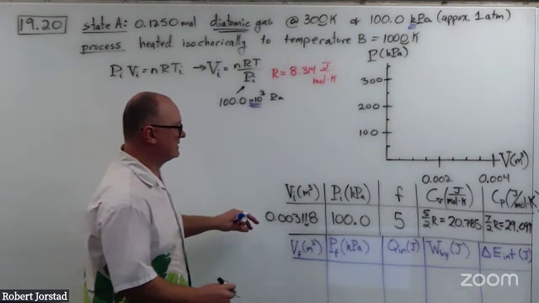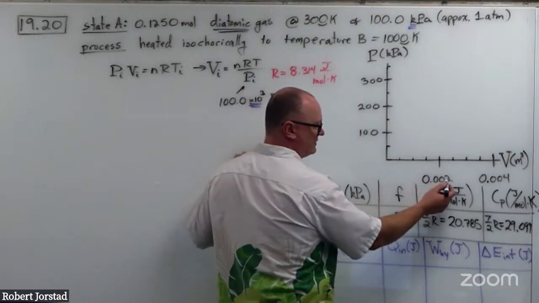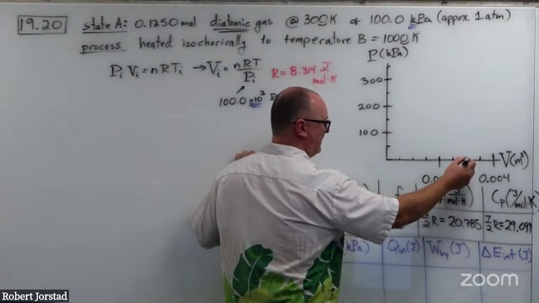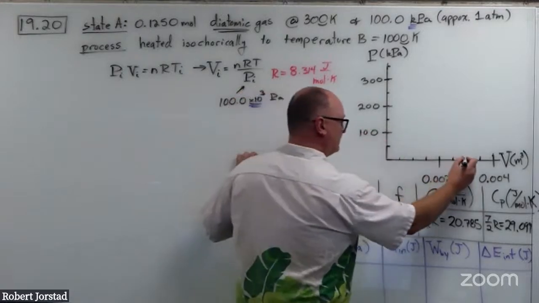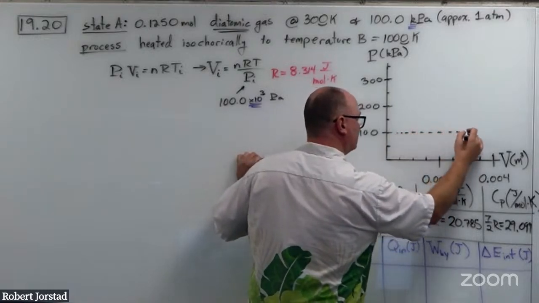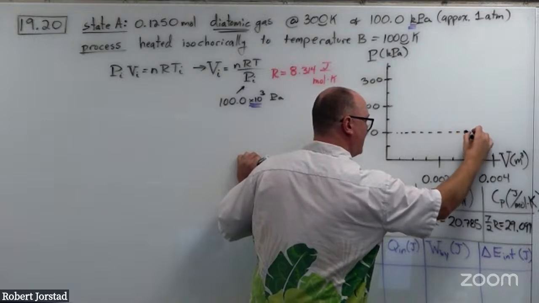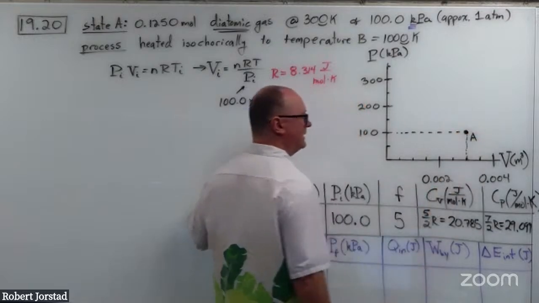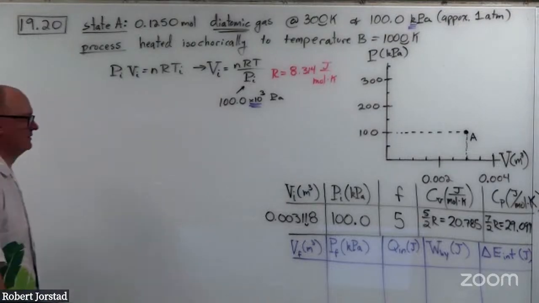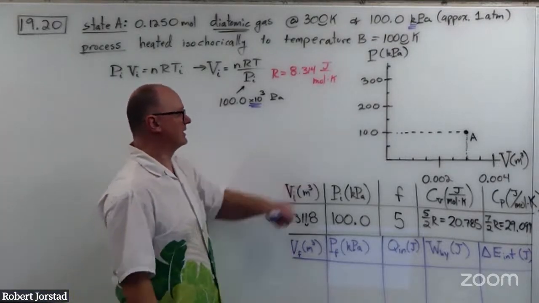So if this is 0.002, then 0.003 is right here, just a tiny bit above that at 100. So boom, we've got point A just above 0.003 cubic meters at 100 kilopascal.